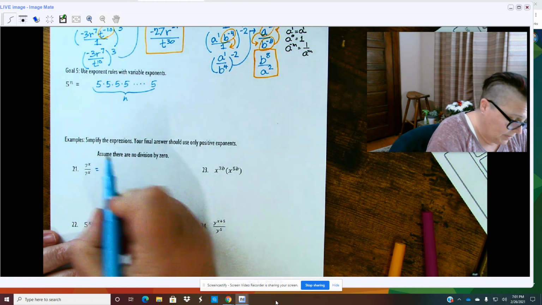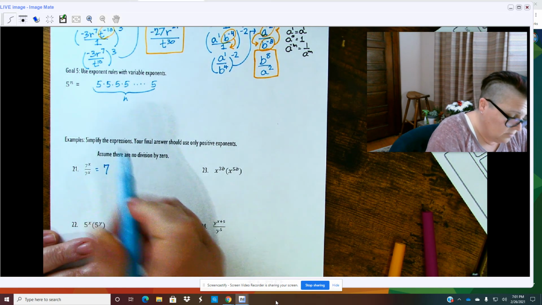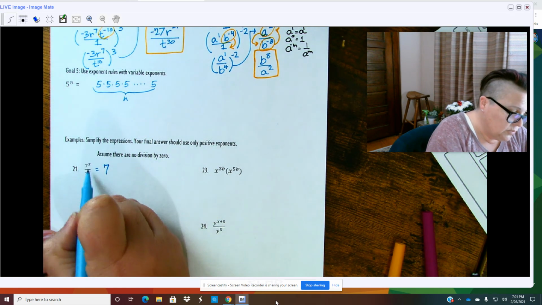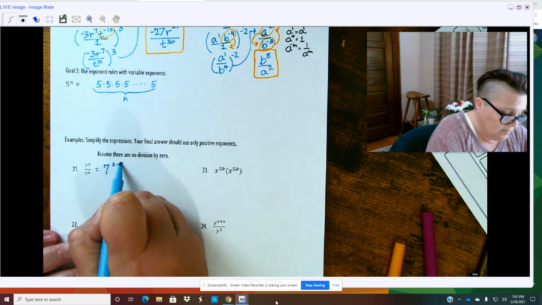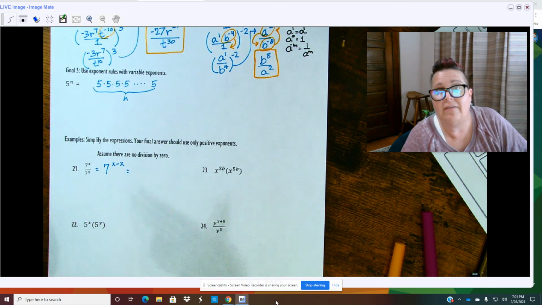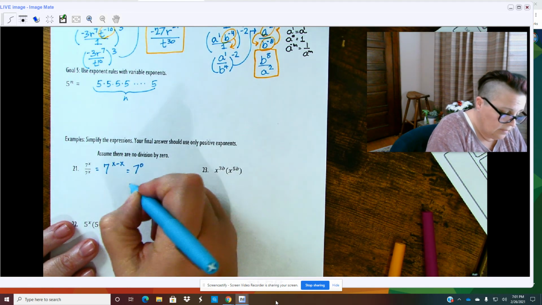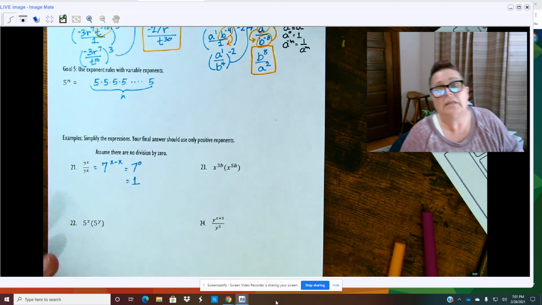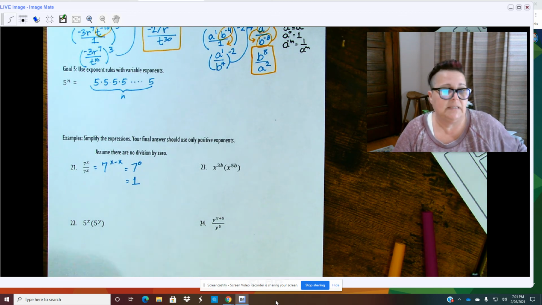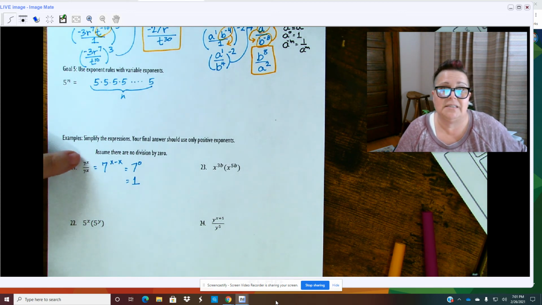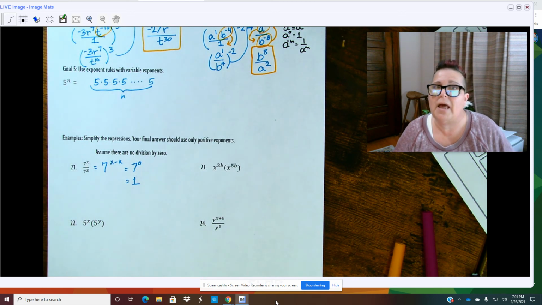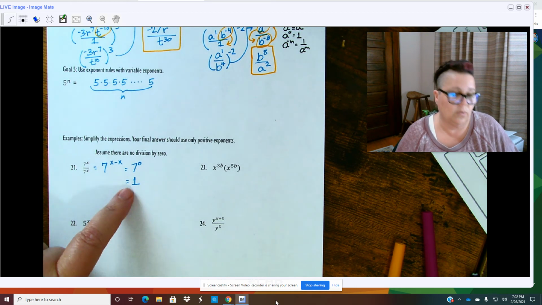If I use the exponential rules, I will have 7, which is my base, to the x minus x power. If I have x and I take x away, that's 7 to the 0. That is still 1. It does make sense because even though I don't know what 7 to the x is, it's the same on top and bottom. It's got to be the same number. And any number over itself is going to give me 1.